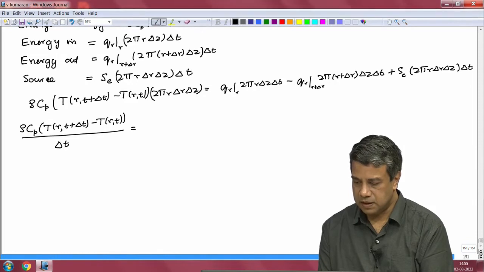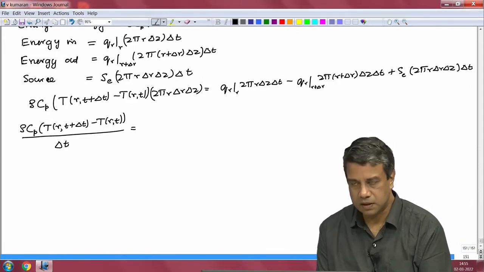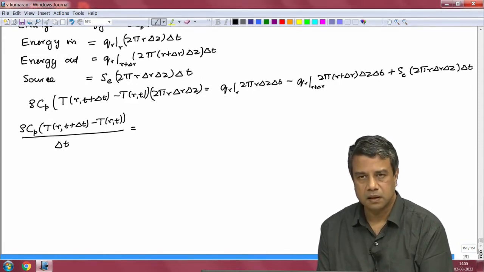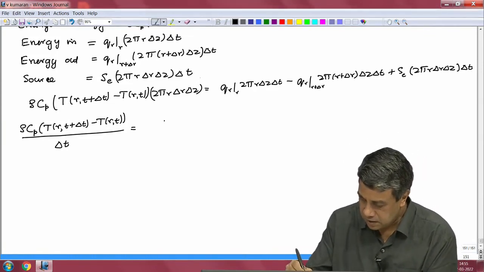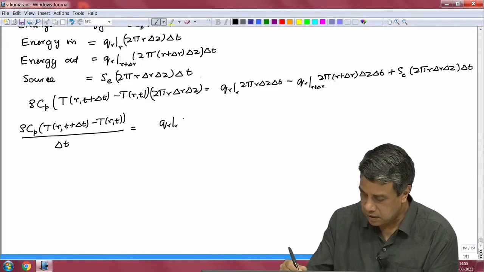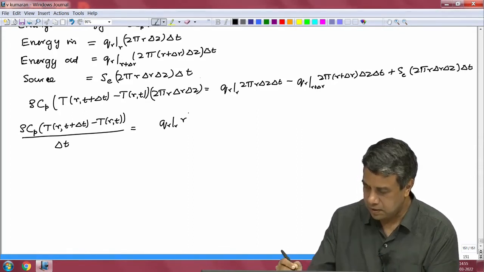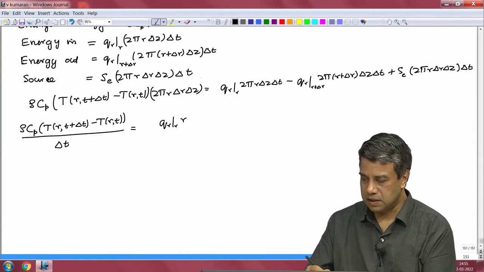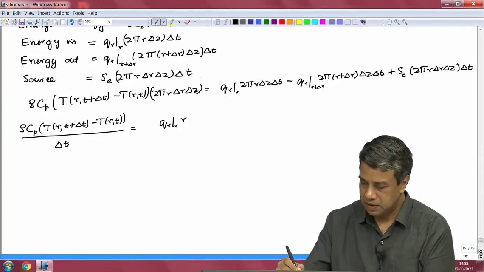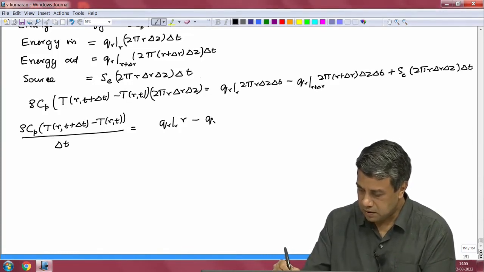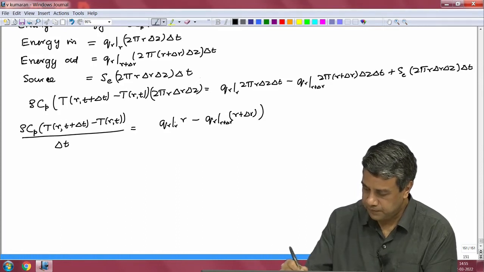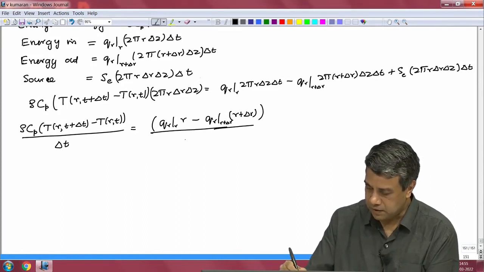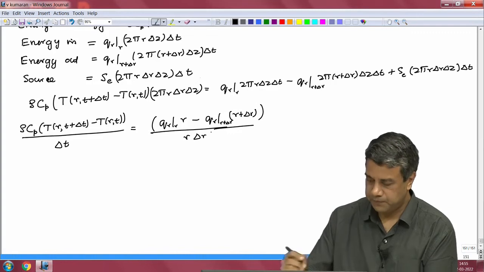On the right side, I am dividing by volume, dividing by delta t. So, I will get here q r at r times r, that delta z and delta t will cancel out, minus q r at r plus delta r times r plus delta r, the whole thing divided by r delta r.